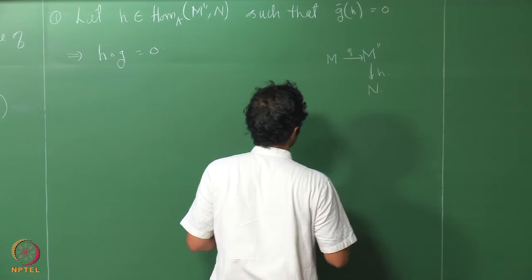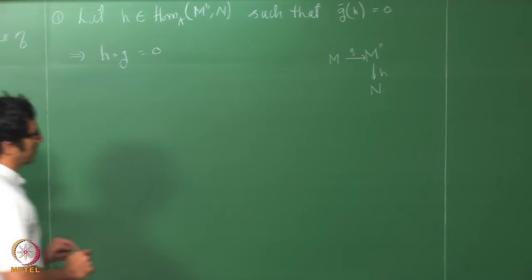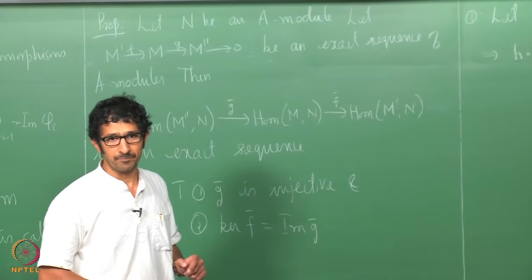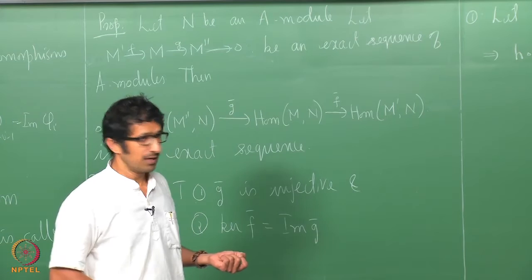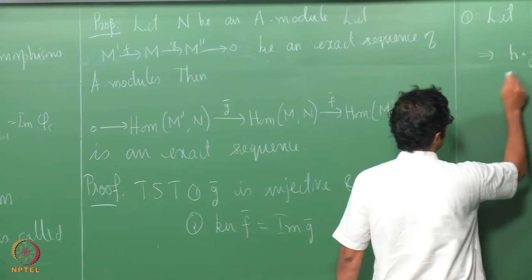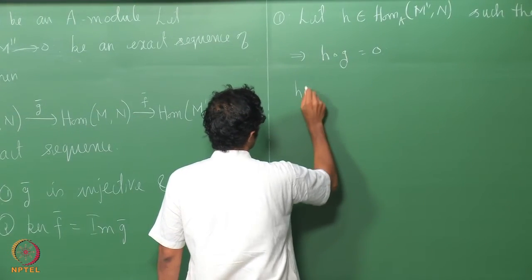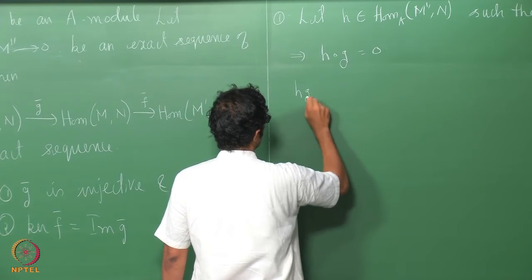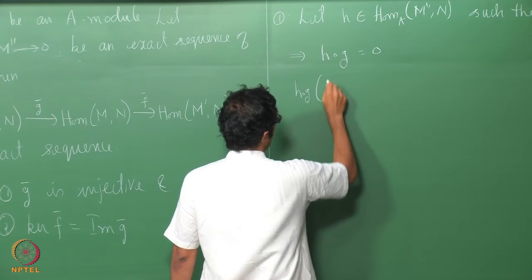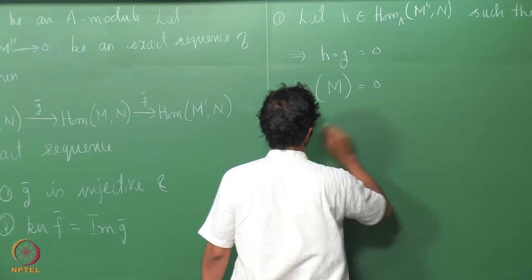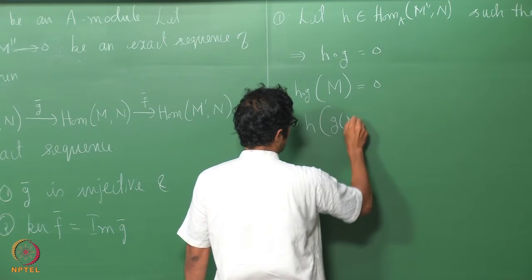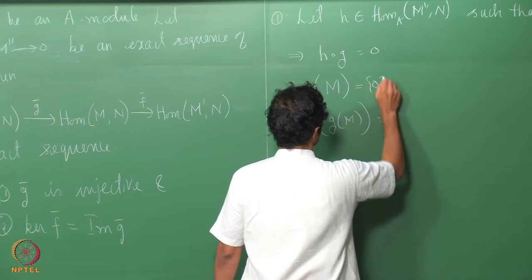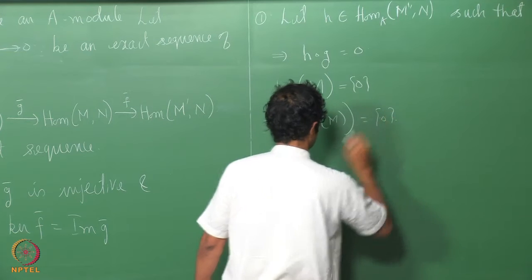Now h composite g of m is 0 implies h of g(m) is 0.